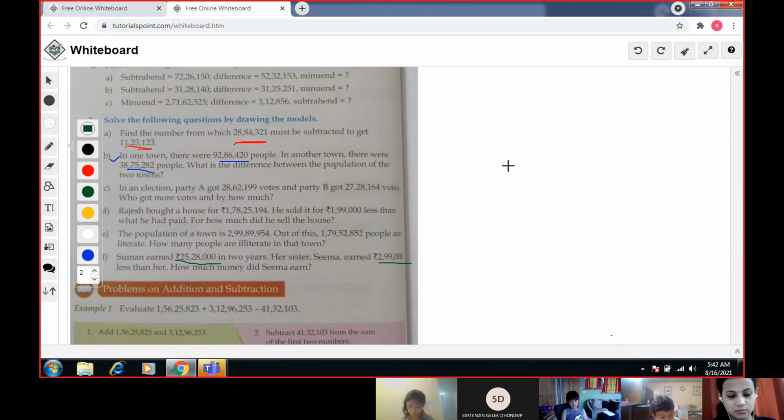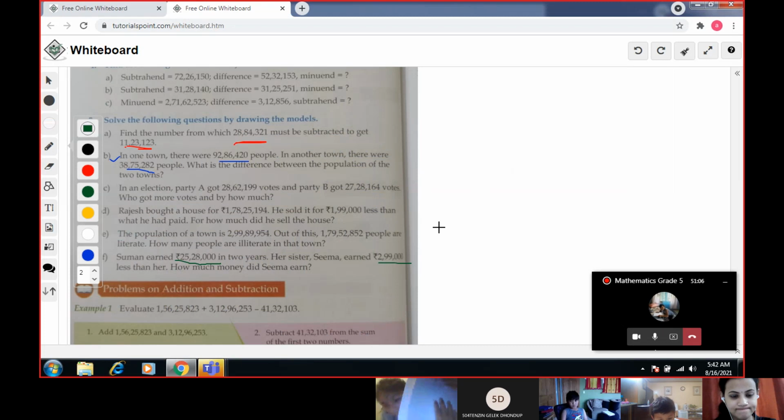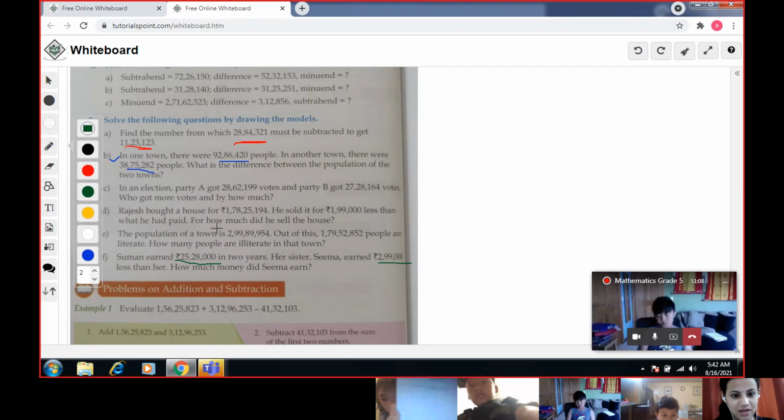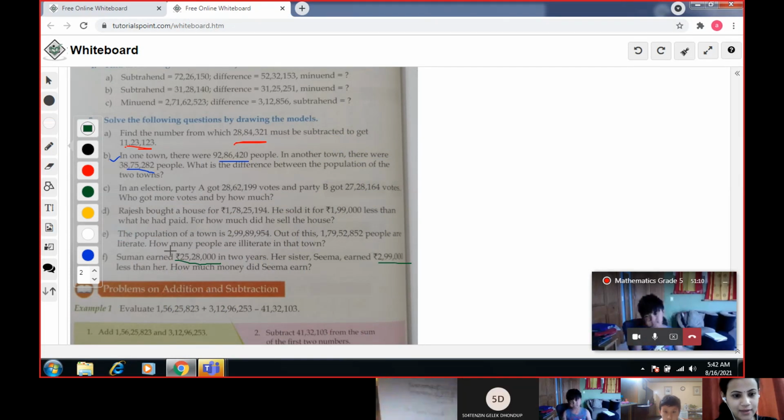See the question. This is the same as we have done above. But you have to write it in a statement. The statement can be anything, but you have to write it like Suman earned this much in 2 years.